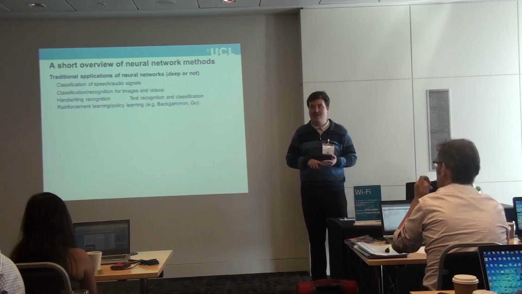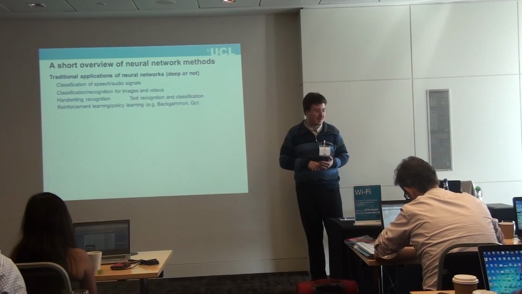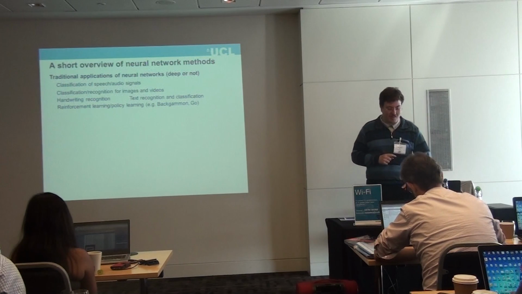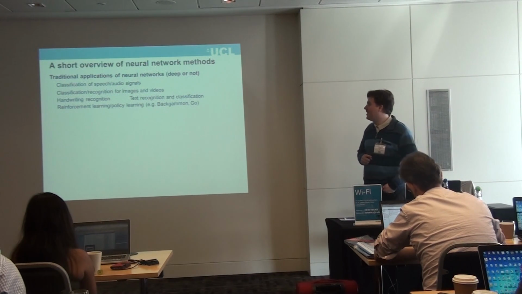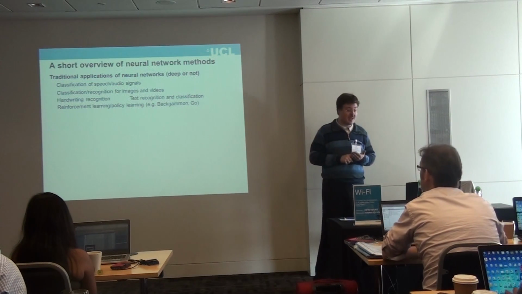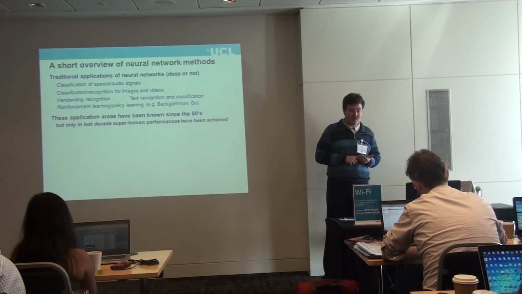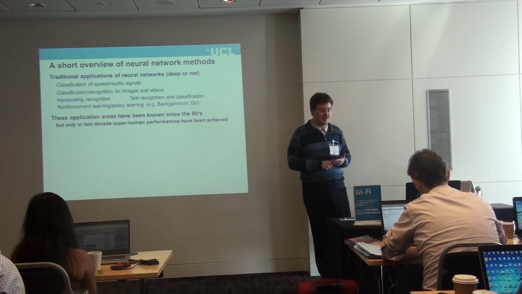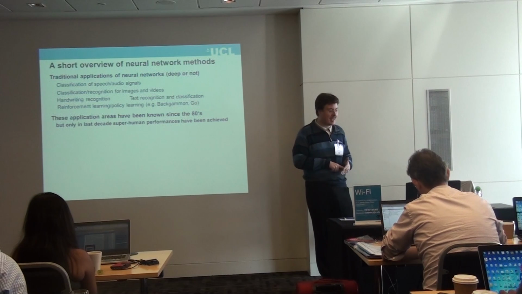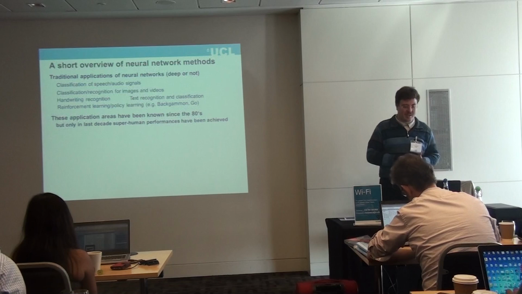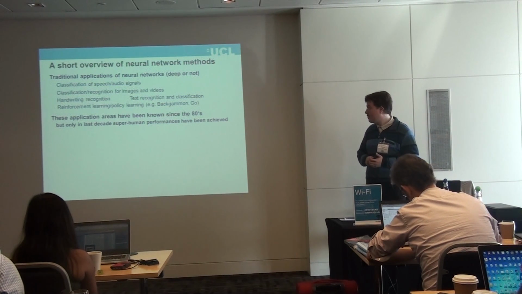Especially you might have heard recently about the spectacular Go match between the neural network and one of the world champions. But neither of these applications is particularly new. Since the 80s these have been known, and neural networks were playing backgammon in the 90s. They have been used to classify images already a while ago.